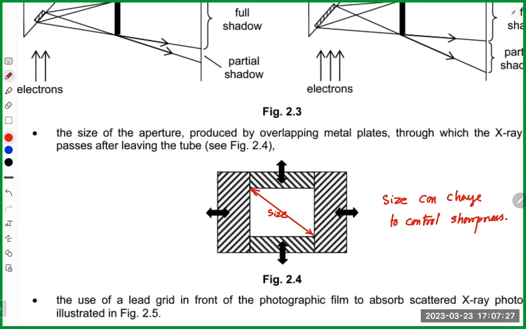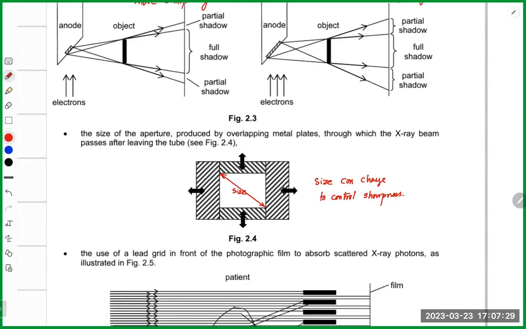What is meant by the term sharpness? Sharpness means how clear the edges are. If the edges are dull, with double edges, triple edges, then the image will not be considered sharp. If there are just single edges, then you're talking about a sharper image.